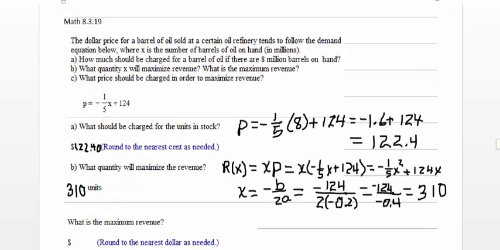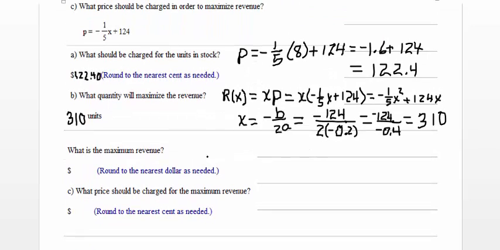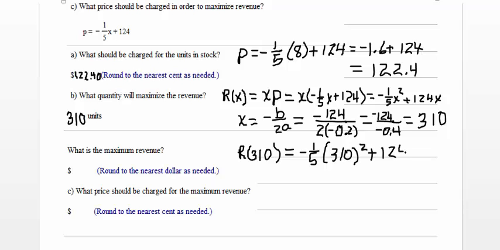And then we want to know what is the maximum revenue. And that involves taking the 310 and replacing that for X in the revenue function. So I want to find R of 310. So minus 1/5 times the square of 310 plus 124 times 310.